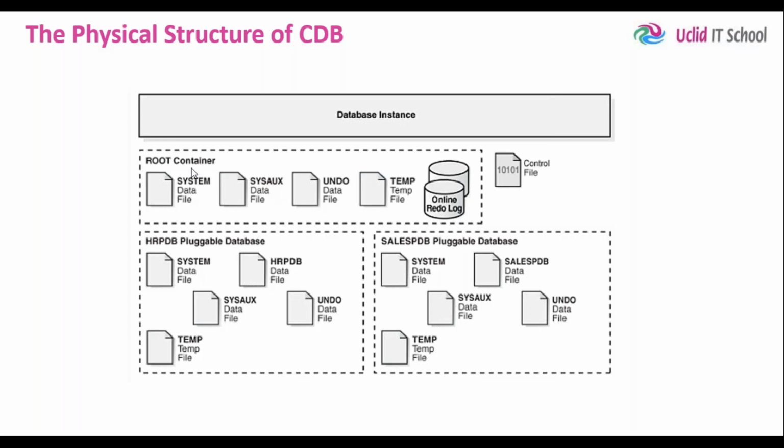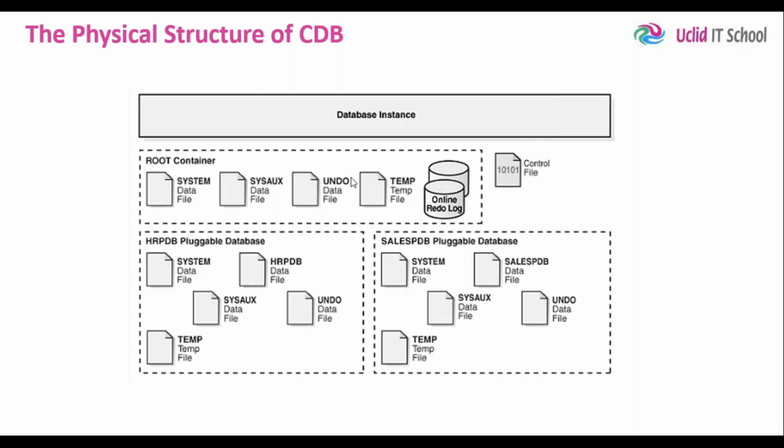And you have the root database. Root is a common database, right? End of the day, root is also an Oracle database. It will have its own files: system, sysaux, undo, temp. Now, the interesting point is, root also has online redo log files and control files, which are shared among all the PDBs.